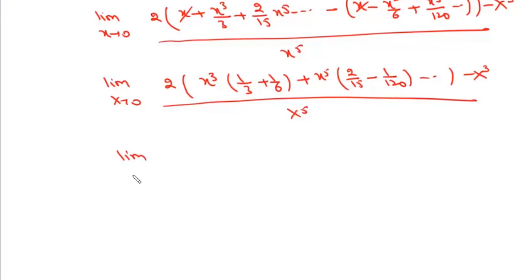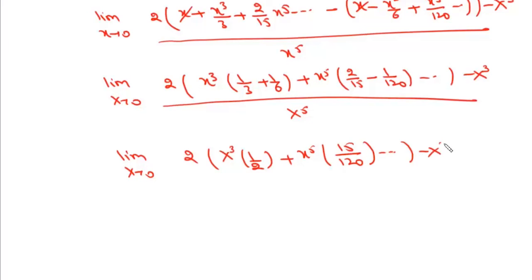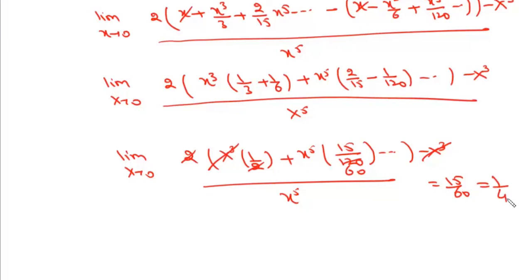Now this is limit x tends to 0, and this is 2x cube into 1 by 2, and plus x to the power 5 will be 15 upon 120, and then minus x cube. Now we will take this 2 inside. Now this x cube will cancel. So the lowest power of x in the numerator and denominator is x to the power 5. So the answer to this limit is 15 by 60, which is 1 by 4.